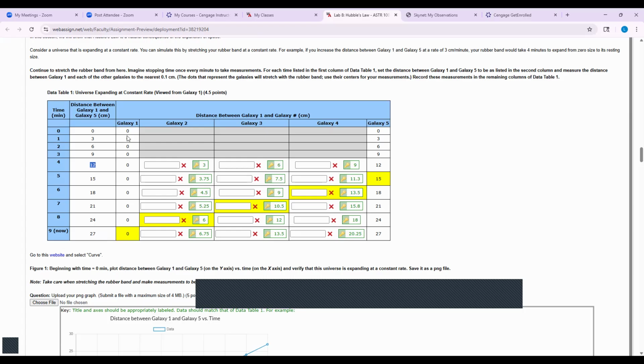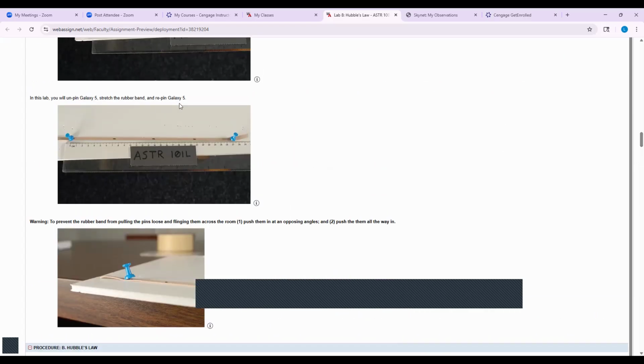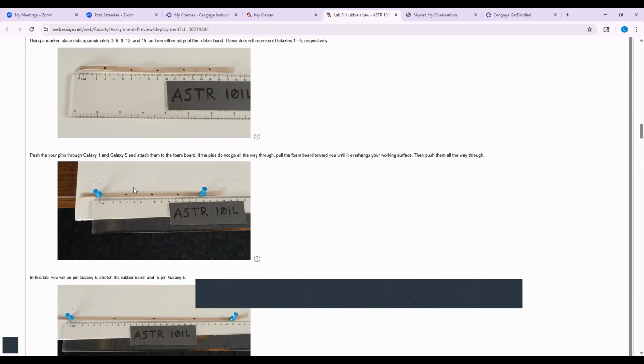And here, the location of galaxy 1 we always assume is 0. When we stretch it, we calculate between galaxy 1 and 12, and the distance between galaxy 2 and 3, and 2 and 1. How much is it between 2 and 1? This is 2 and this is 1. It's about 3 centimeters before.